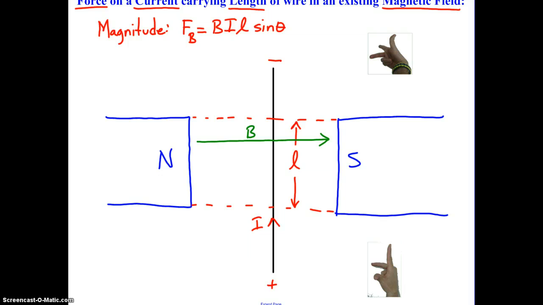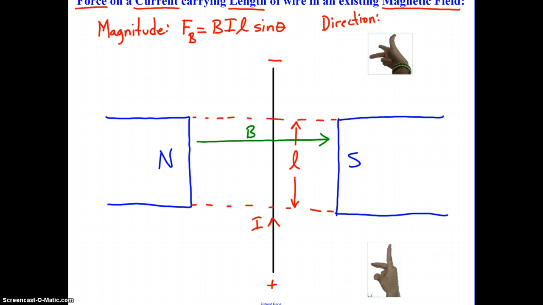And you're going to point your middle finger to the left. The barrel of the gun is your index finger, and your thumb sticks straight up in the air. Okay? So this is what we use to determine the direction of this force.